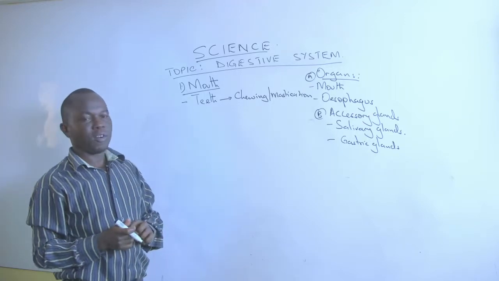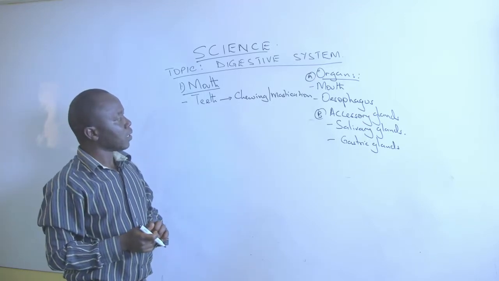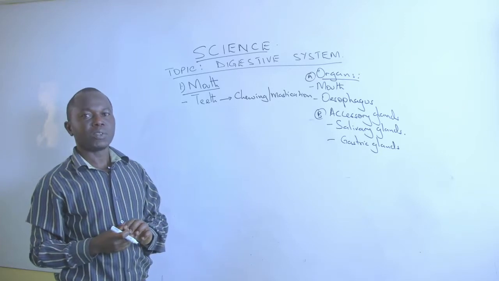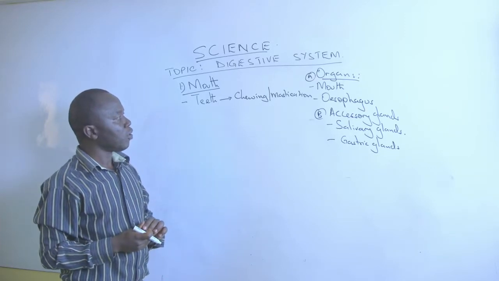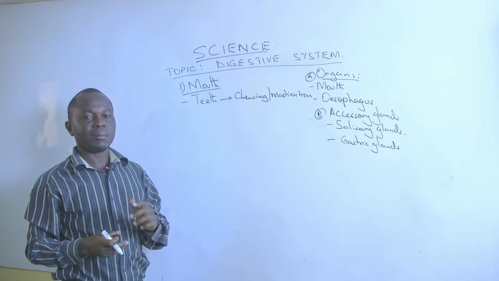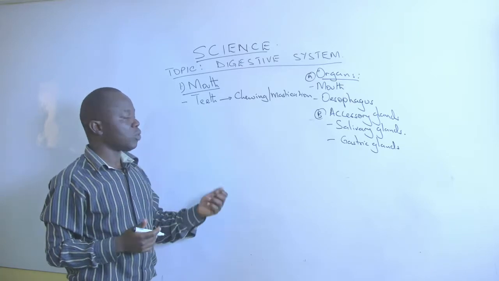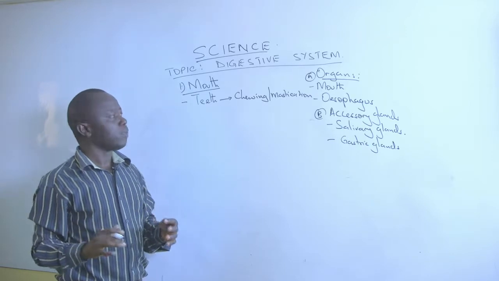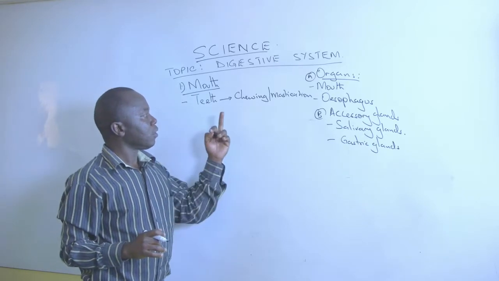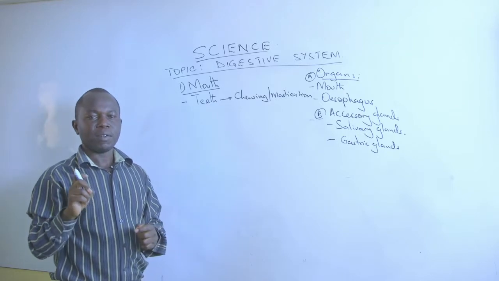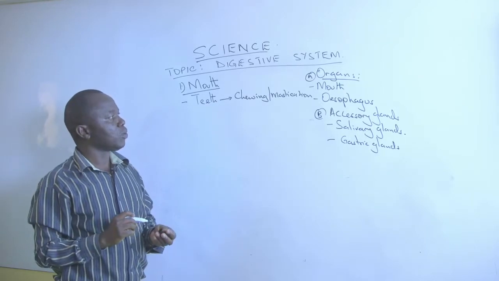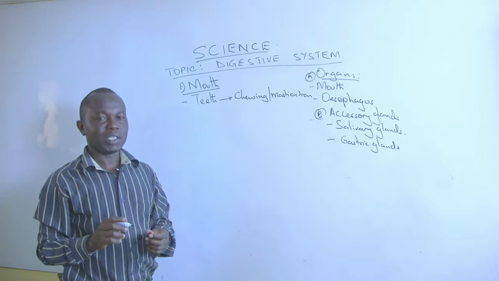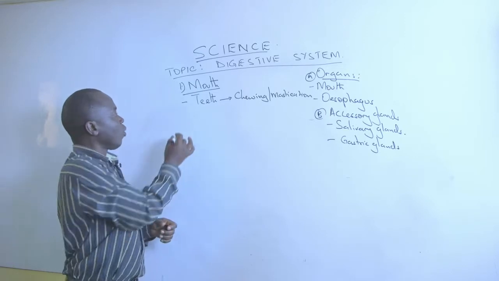Simply the breaking down of large complex food materials into small soluble forms that can easily be absorbed. That's why you chew. You chew first of all to increase surface area for digestion, and then also to break food particles into small pieces so that you can easily swallow.